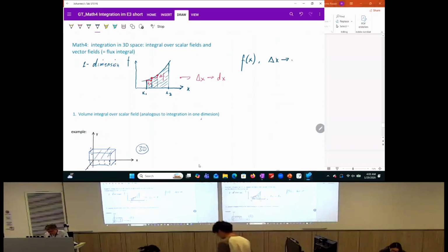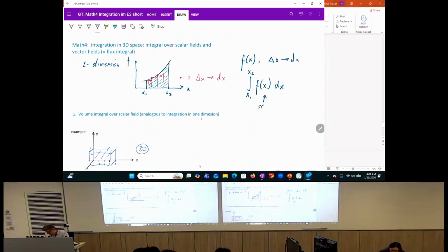And you have a summation of all these contributions. So this is basically originating from taking a sum of different function values into this continuous regime that is your integration in one dimension, right?